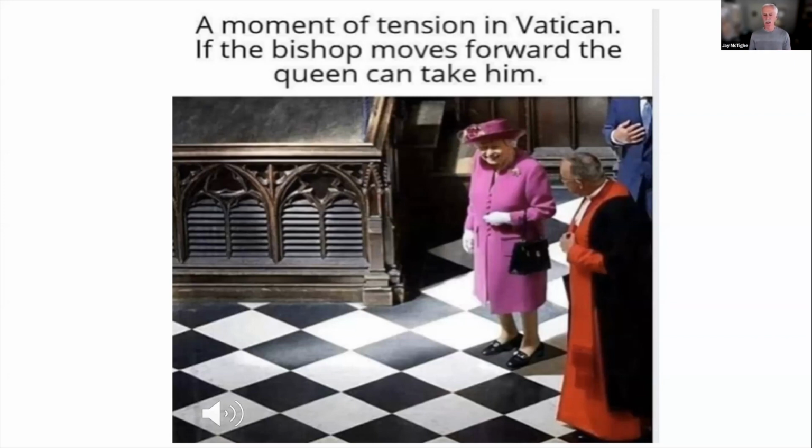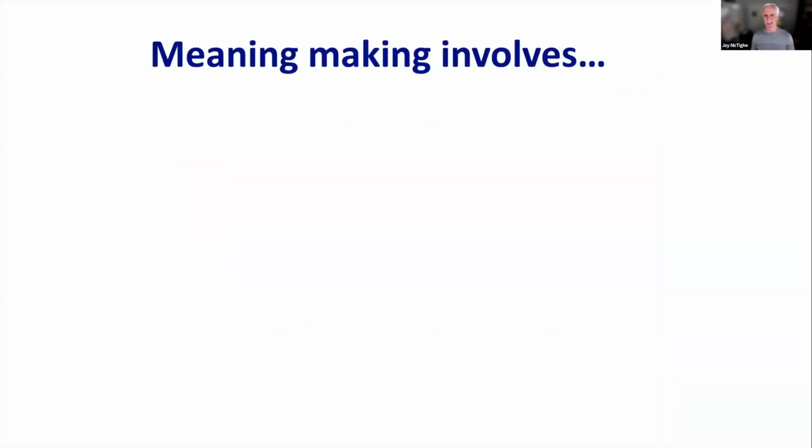Well, first of all, you need to know the game of chess. You need to recognize that the black and white tiles on the floor are representative of a chessboard. You need to know the figures in chess, including the queen and the bishop and how they move. And then there's a reference to the protocols of the Vatican and of the royal family. And so to get this joke, there's a lot going on. So symbolically, at least, I propose that this is how deep learning occurs.